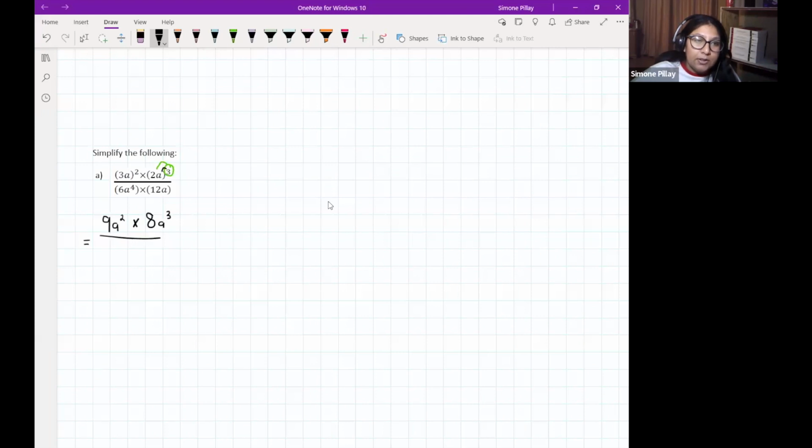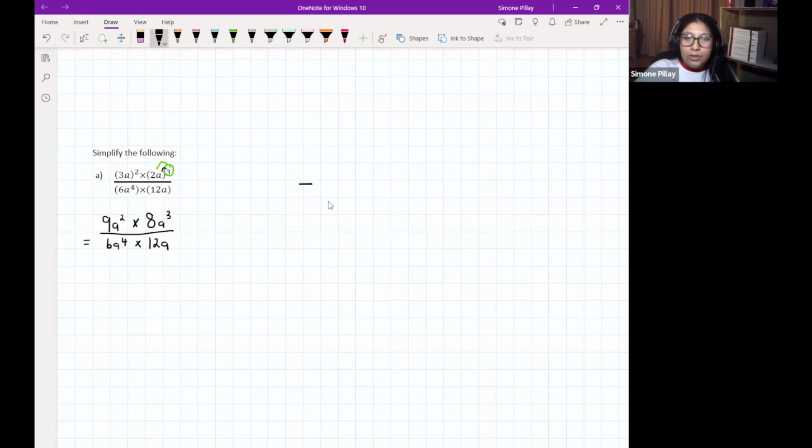At the bottom, we just have 6a to the power of 4 multiplied by 12a. Now remember, I can just remove those brackets there because I'm doing multiplication.